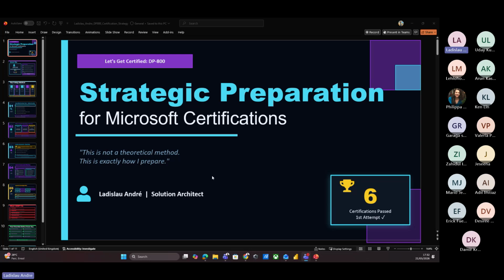You can try these with all other certifications from Microsoft, and not even only Microsoft, because I also used one of these strategies with a certification from Databricks.